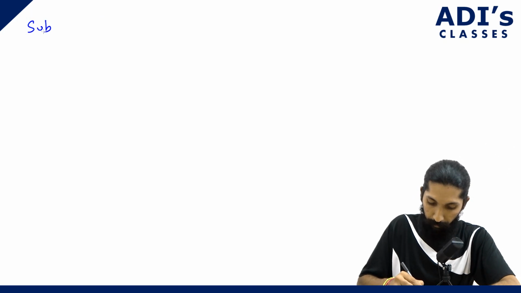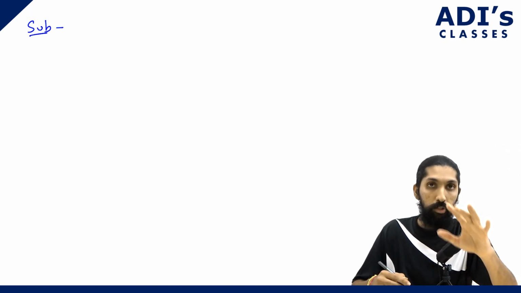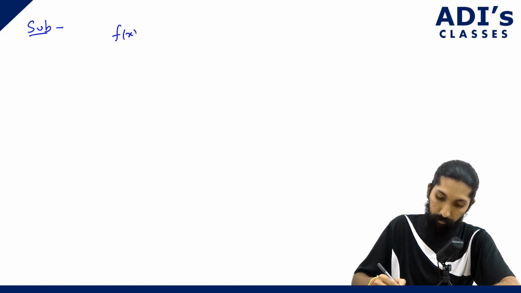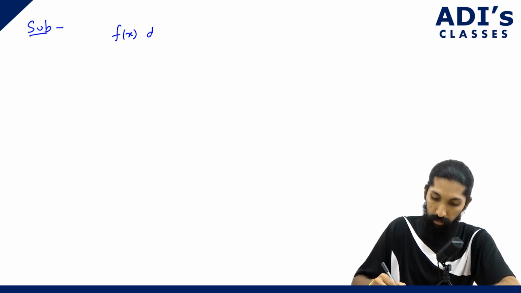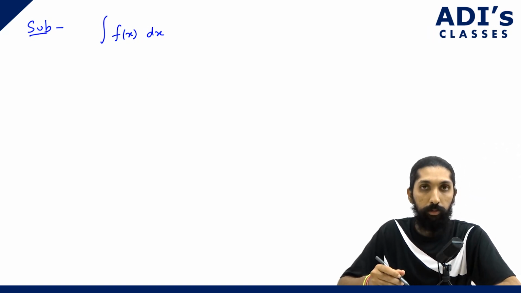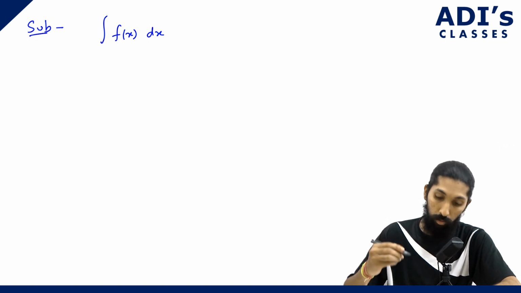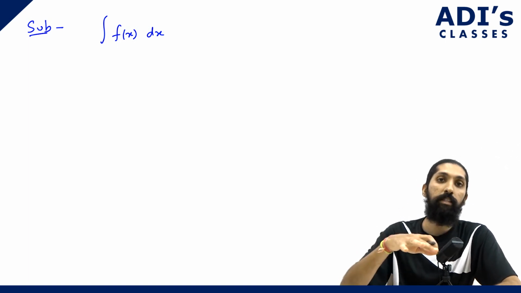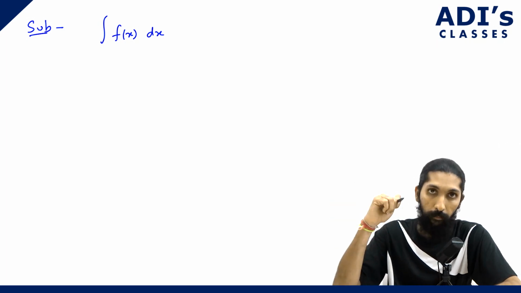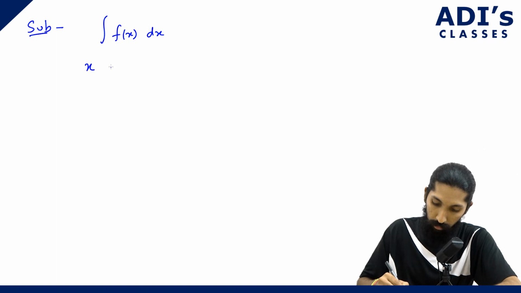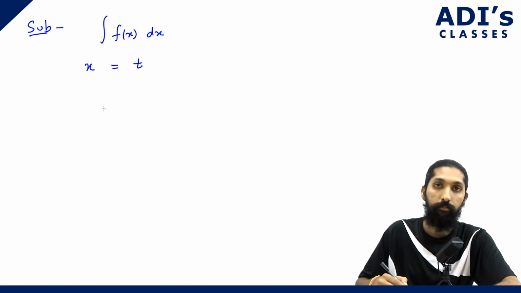In the substitution method, suppose you have a function f of x, and you want the integral of f of x dx. You might not be able to directly integrate this. So what we do is take x in terms of another function. Say x is equal to some function t.